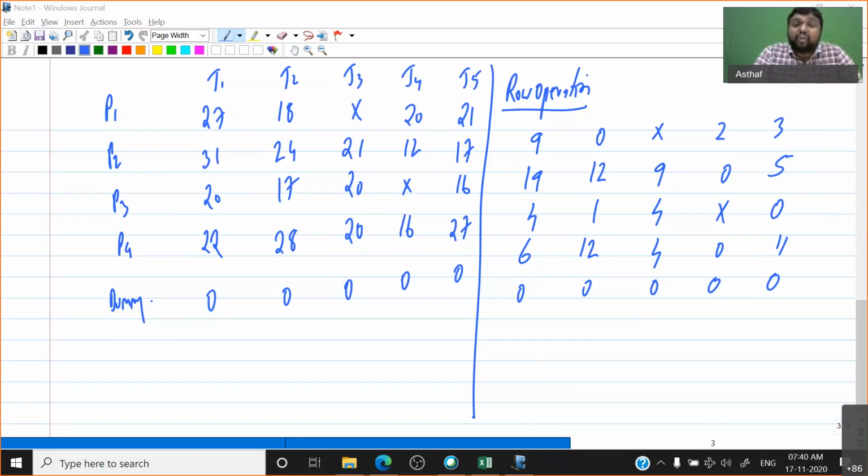We have to go for the optimality test. So what is the optimality test? We have to cross all the zeros with the minimum number of lines. So we are just crossing one line.